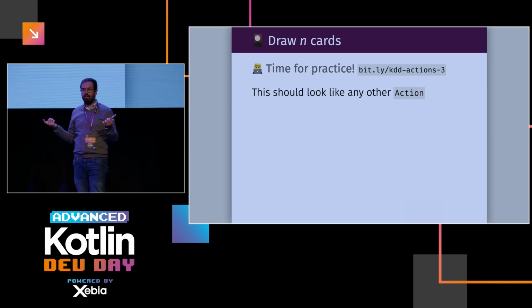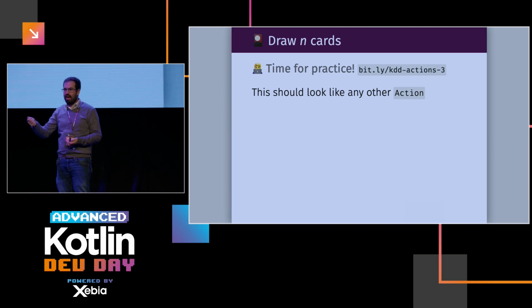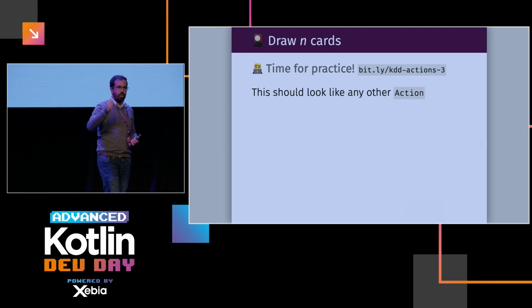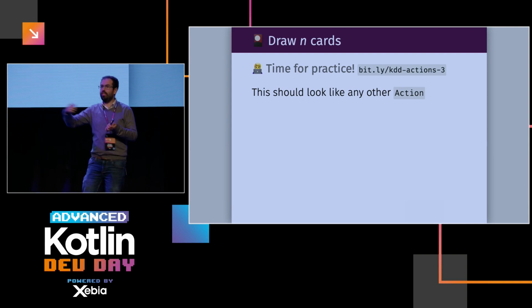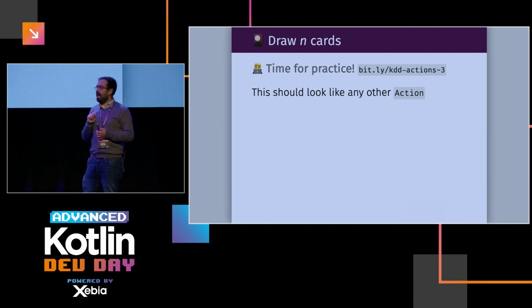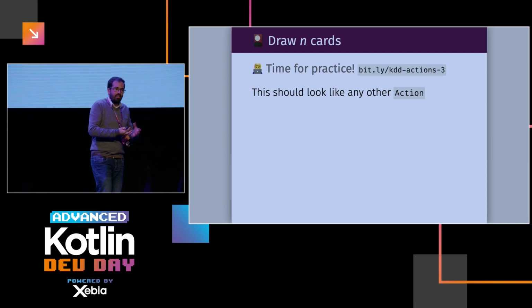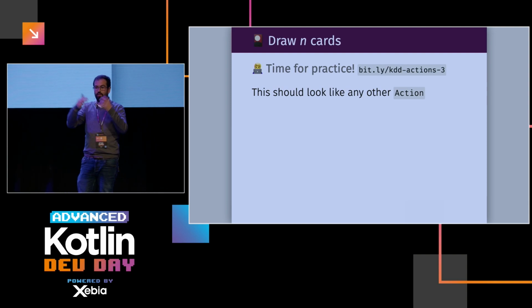And again, you could think, I will just add this as another action. So instead of having a draw card with no arguments other than what to do next, I will give it a number. But we can actually have a very primitive action, which is drawing one card, and then implement the draw n cards using Kotlin code, as we have done for the recursion.